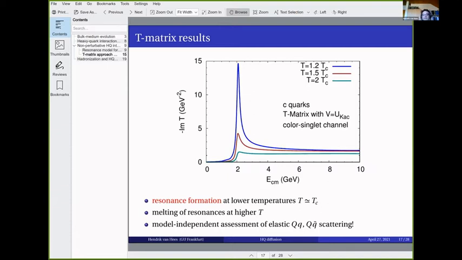At least in the crossover, where everything goes smoothly from a partonic picture to a hadronic one, you expect that the bound states form, meaning the D mesons go below the heavy-light threshold and form true bound states, and you go through such a Feshbach resonance.